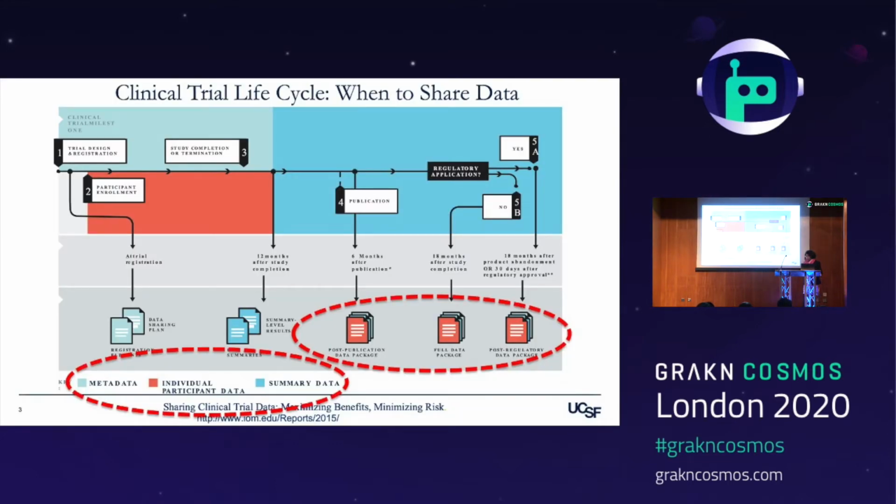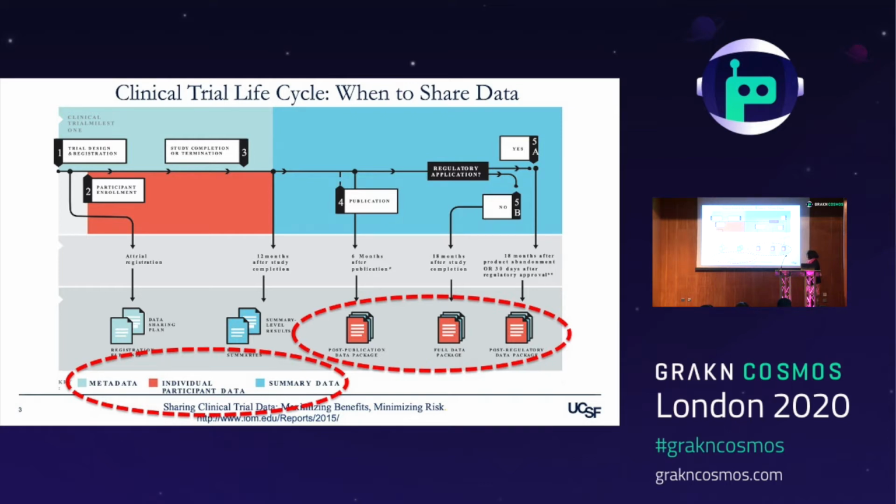So here is an illustration of the clinical trial life cycle. During this life cycle, data is generated in the form of metadata. It's the data about data, and individual participant data, summarized data.